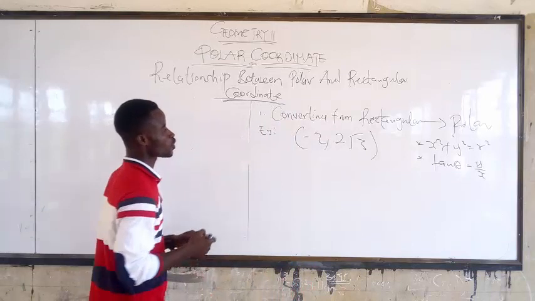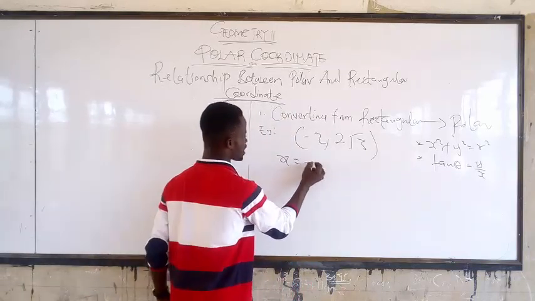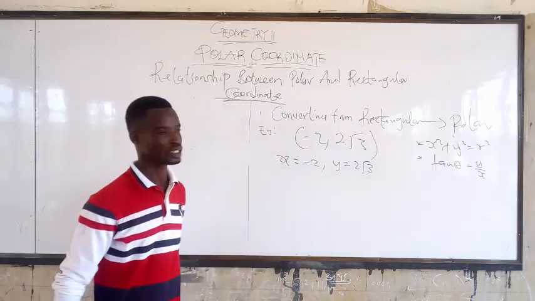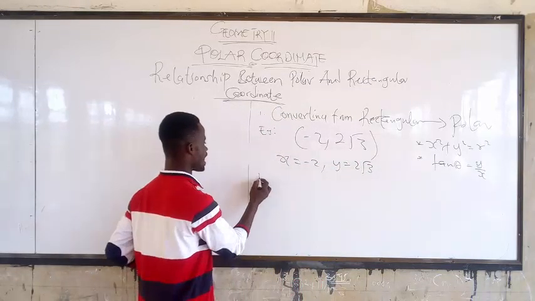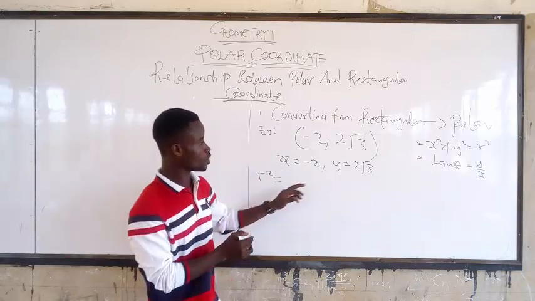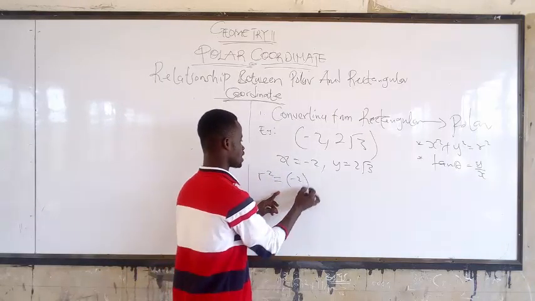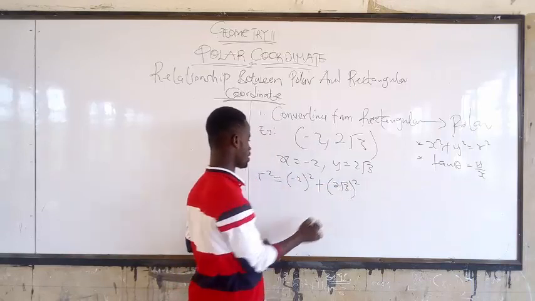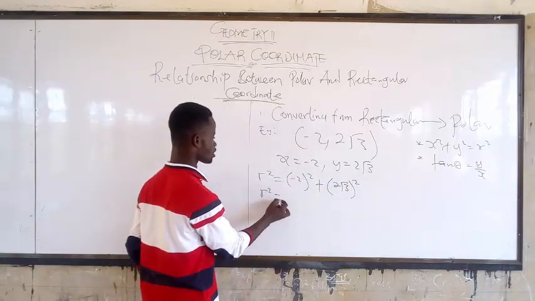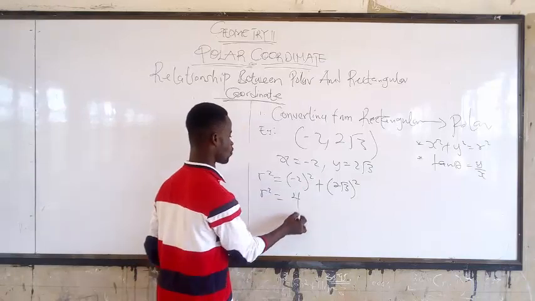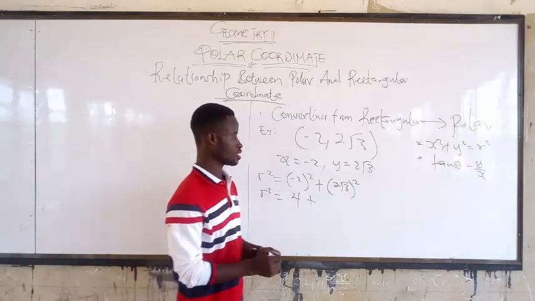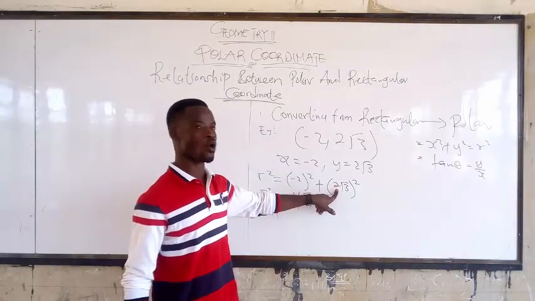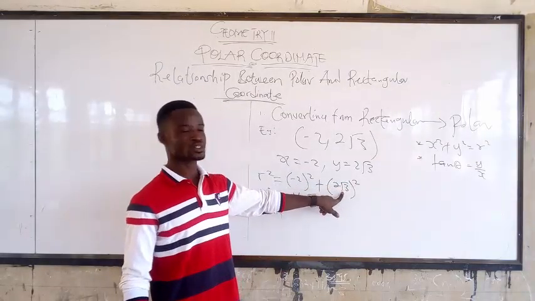Alright. So let's go. So we know the x will be negative 2. y is 2 root 3. Therefore, to get the r, let's do substitution. Negative 2 all squared plus 2 root 3 all squared. So r squared is equal to 4 plus, you can see that this one will be 4, and this square will cancel this root.